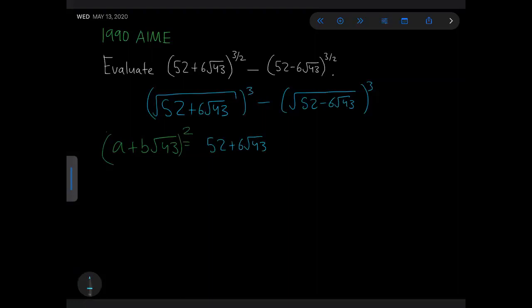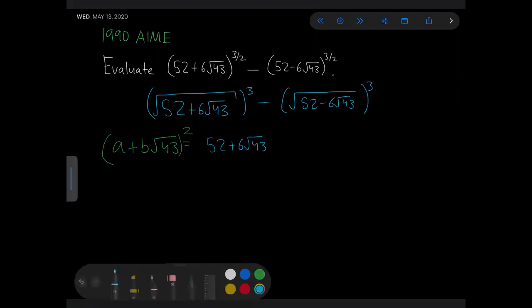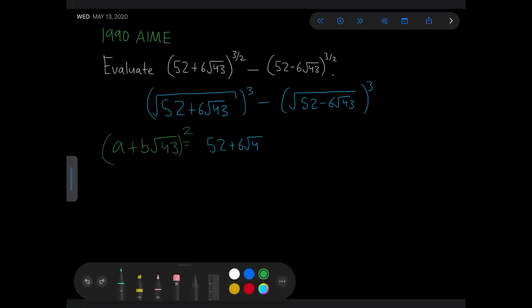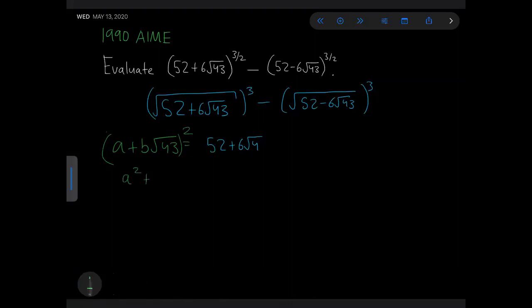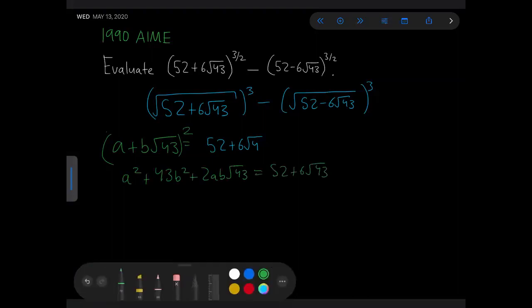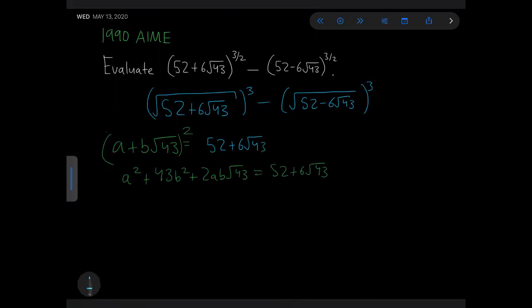That's what I meant to write. Now when we square the left-hand side, we should get a squared plus 43b squared plus 2ab root 43 is equal to 52 plus 6 square root 43. And in the process of undoing, I deleted a 3. All right, there we go. Hopefully that didn't leave anyone too confused there.